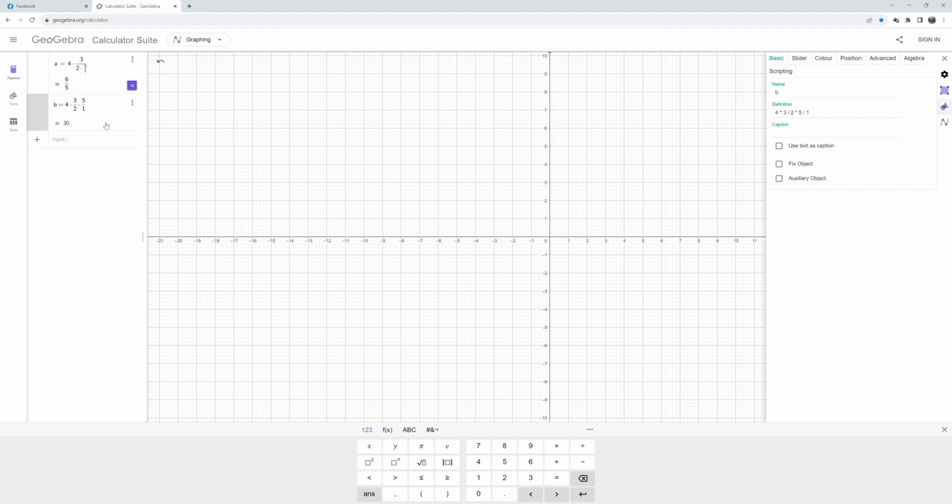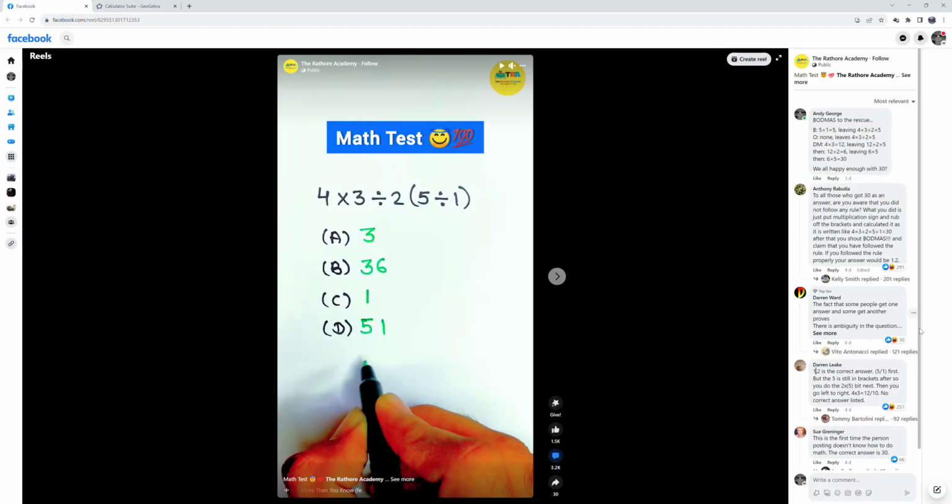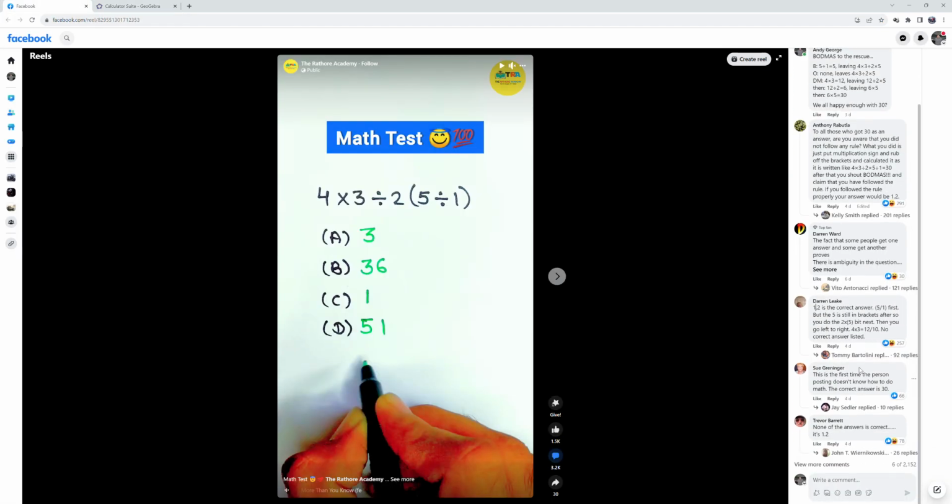I'm not a fan of this multiplying outside of the brackets thing. What is it called? Distributive property? I forget the name of it now.